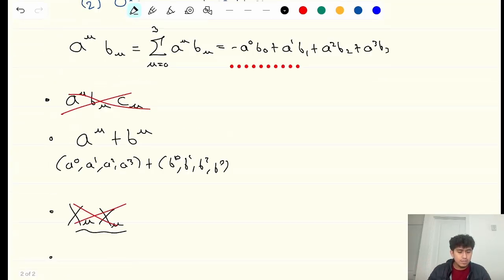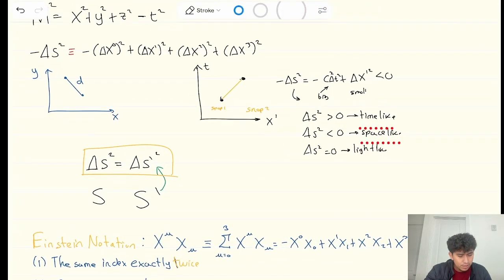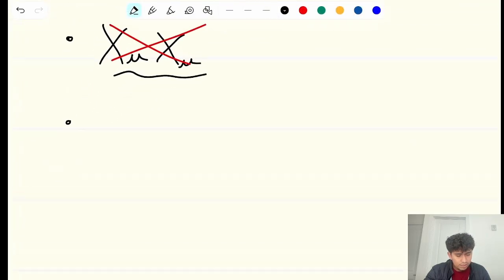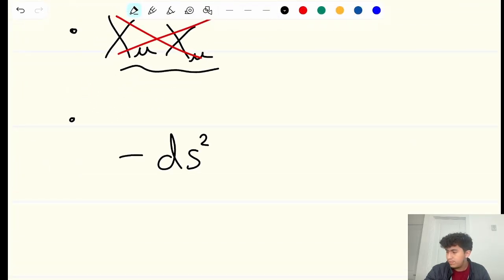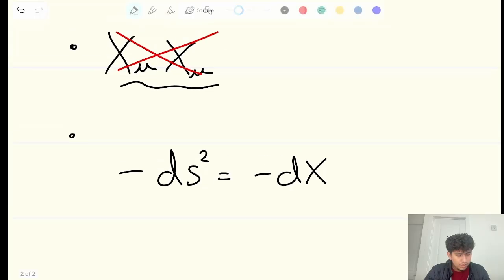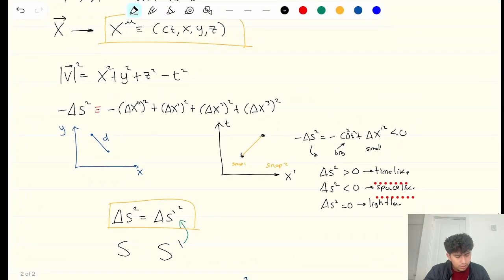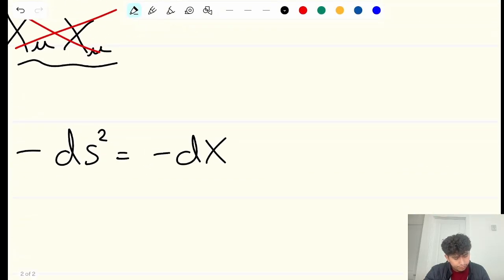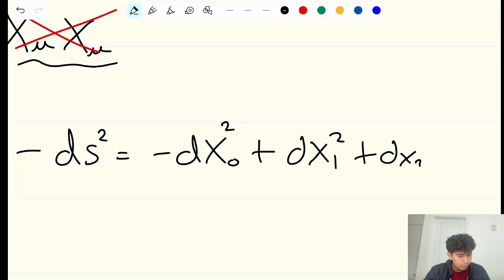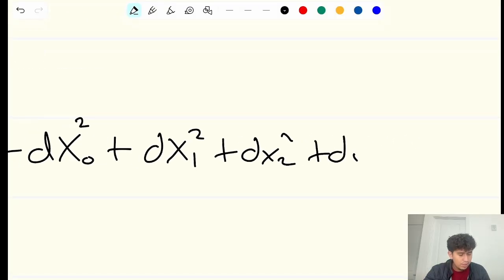So this allows us to write our invariant interval. This interval that we had here, we can write it in differential form first. It looks like this: dx0 squared plus dx1 squared plus dx2 squared plus dx3 squared.